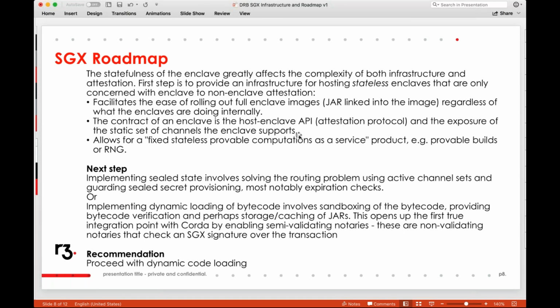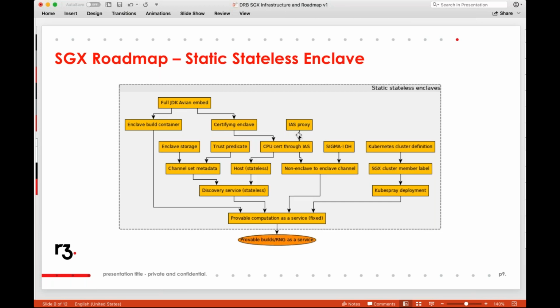What this means is we would use enclaves just as a way to prove some kind of computation has happened, rather than using them to actually do sealing or encryption, because that requires much more infrastructure. And the static part means that we would link the JVM bytecode into the enclaves as the first part. This would be the first chunk of work. It's just a rough breakdown of what needs to be done.